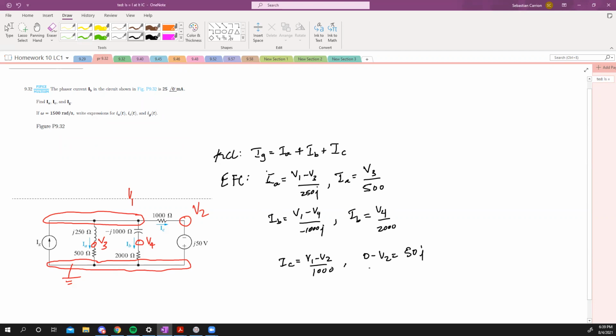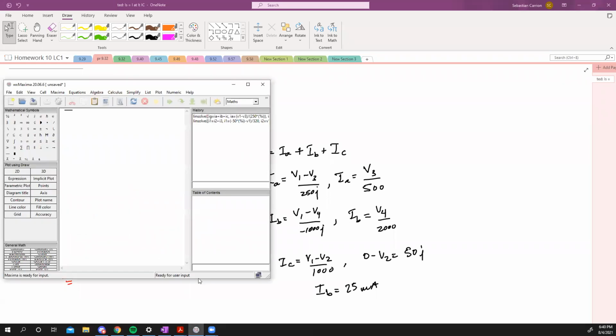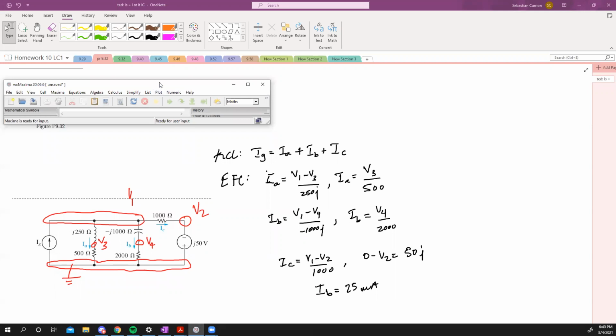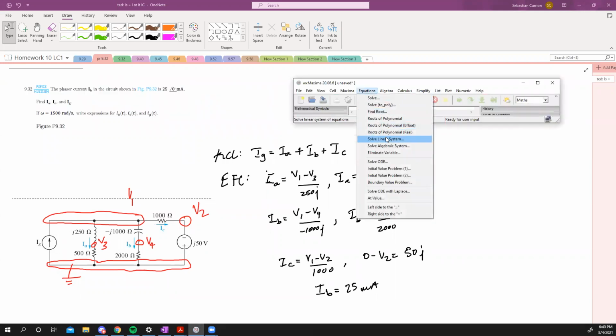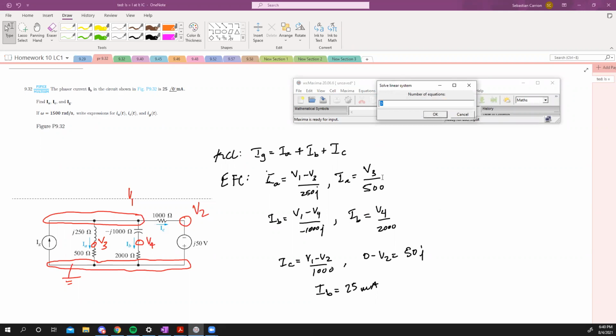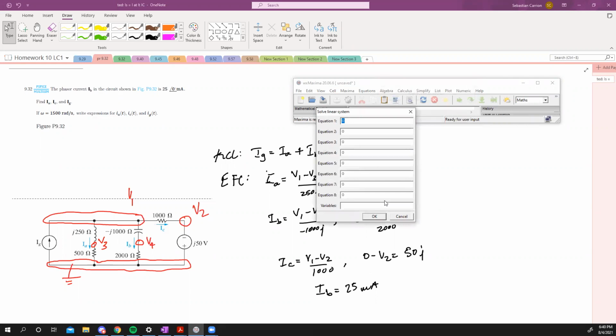And we also write our equation for IB, which is 25, in milliamps. Now let me bring out Maxima, the big boy calculator. We have eight equations, which means we have eight unknowns.